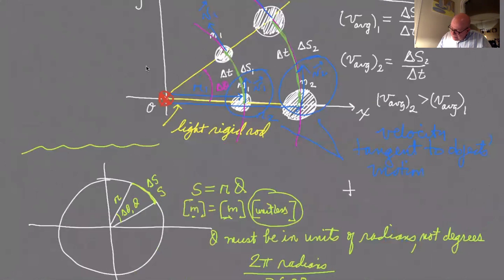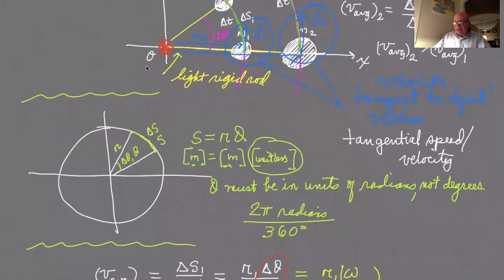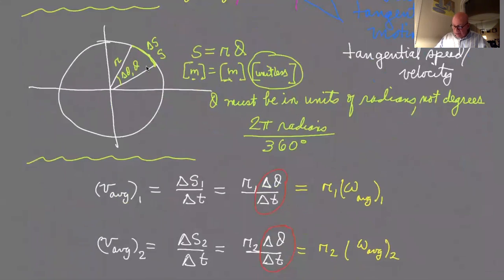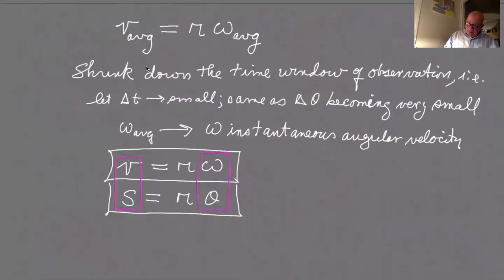We call that the tangential speed or the tangential velocity. And the relationship between the tangential speed and the angular speed, or the tangential velocity and the angular velocity, is given by this dictionary. Okay, all right.